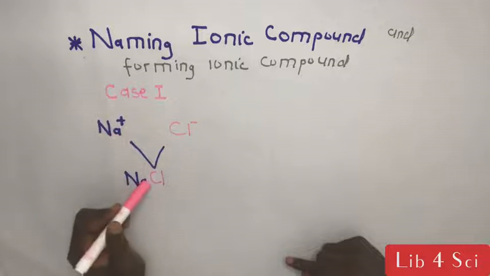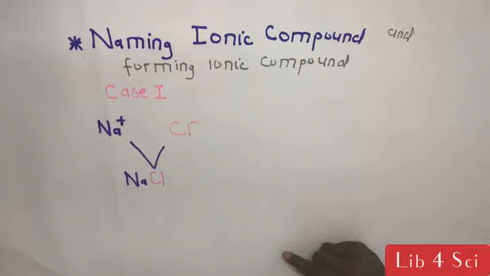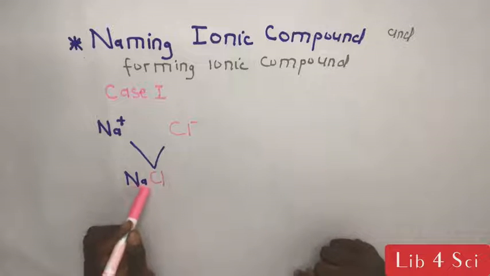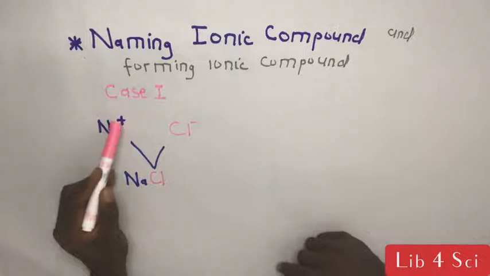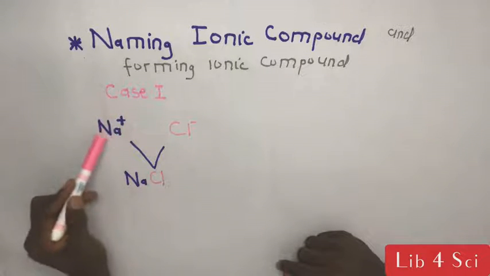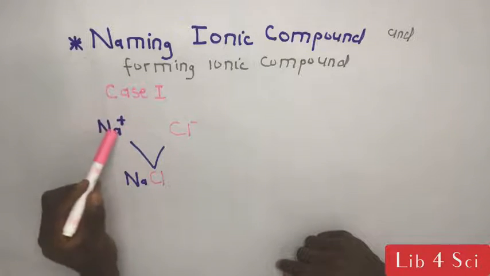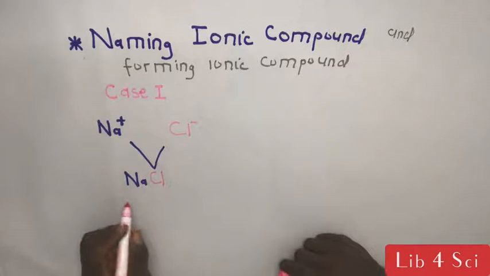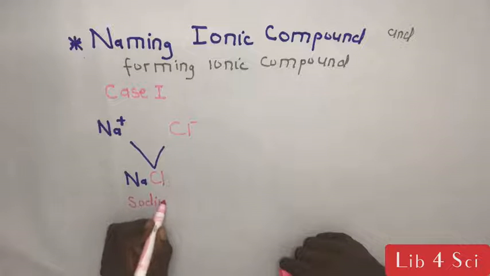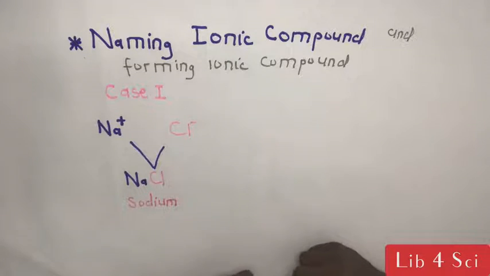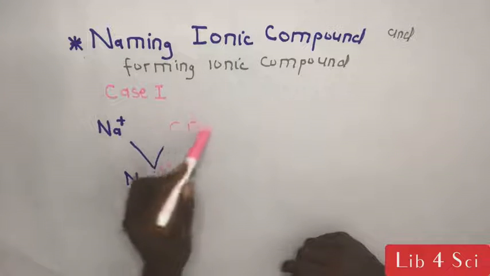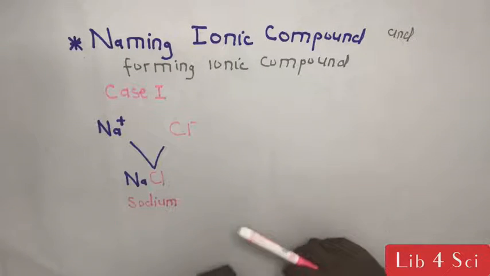The next thing we want to do is provide the name of this compound. To name an ionic compound, the first thing you do is provide the name of the metal. The name of this metal is sodium. Now we want to provide the name of the anion, which is the negative ion.